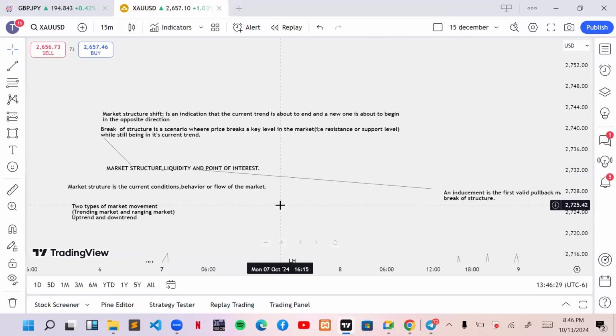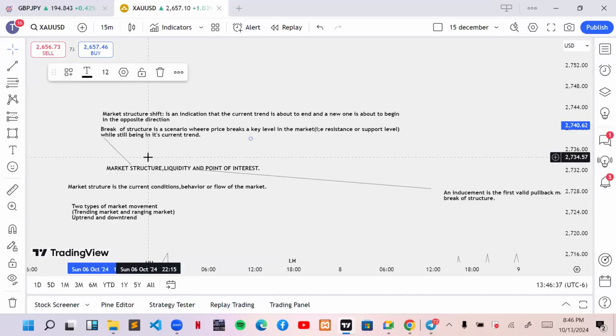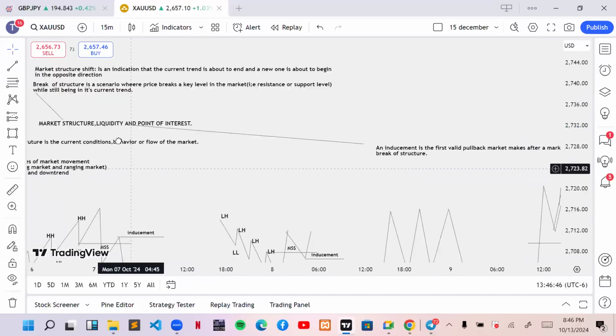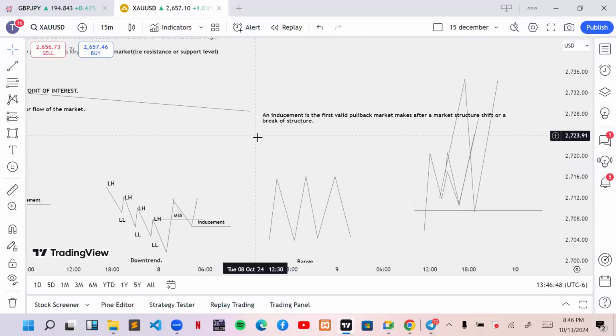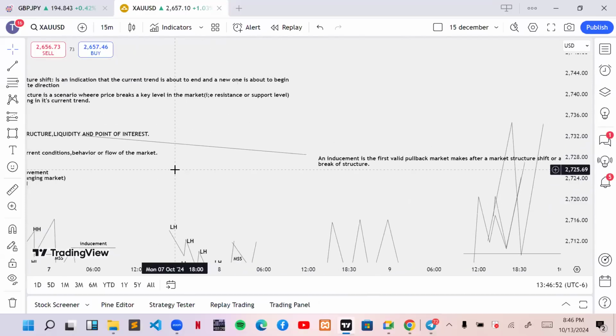So I've talked about market structure. I've talked about the 2 things I pay attention to for the market structure part of the strategy, which are my market structure shift and my break of structure. And I talked about liquidity. I said that my liquidity for this strategy is my inducement, the first valid pullback that the market makes after a market structure shift or a break of structure. Now we start to talk about the point of interest part of the strategy.